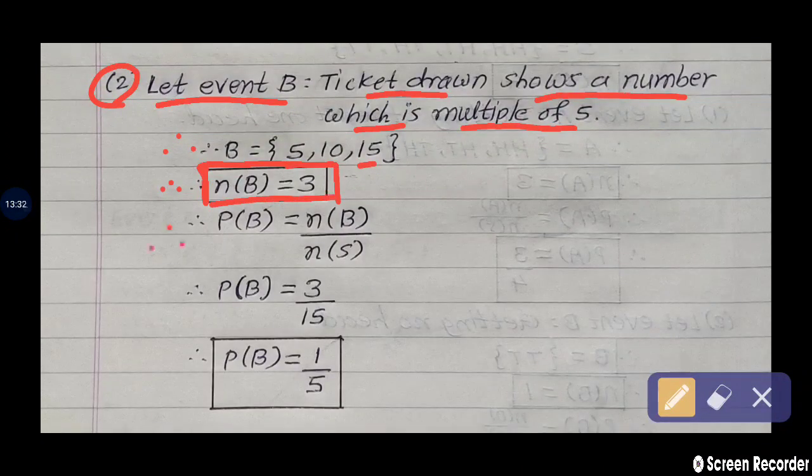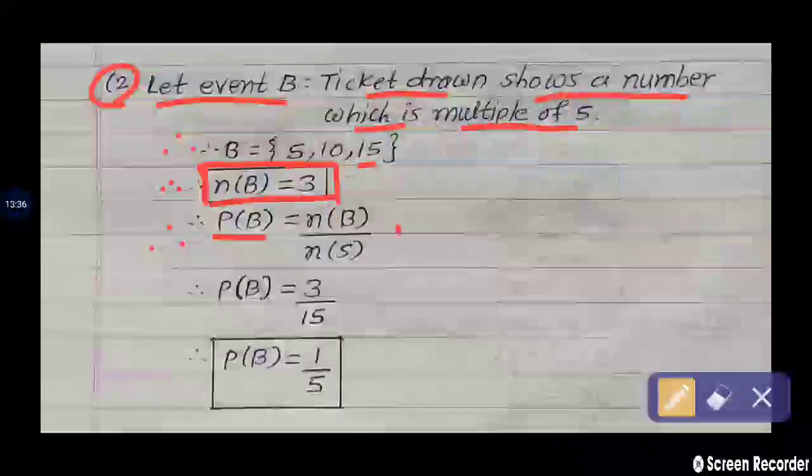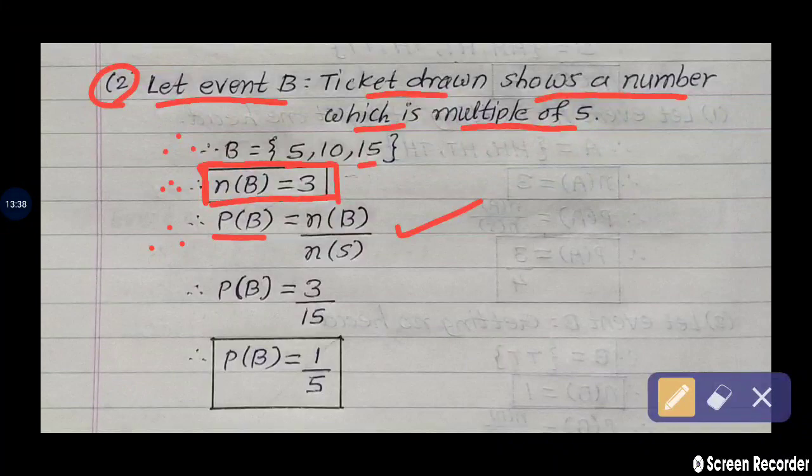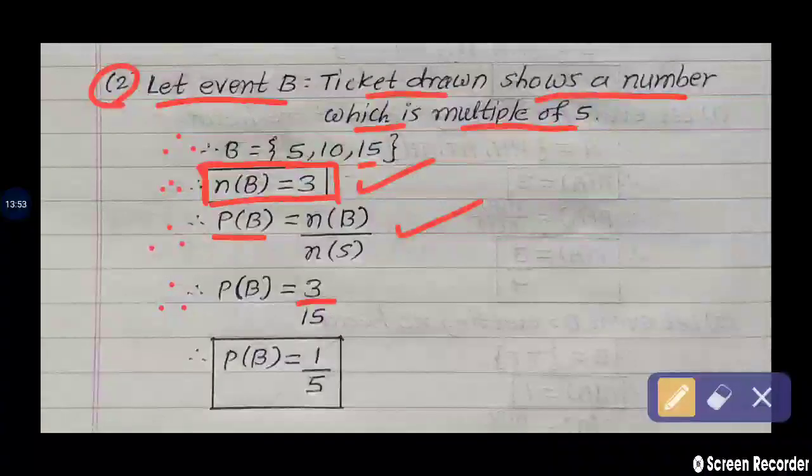Find the probability. P(B) is equal to n(B) divided by n(S). The number of sample points in event B is 3, and n(S), the number of sample points in the sample space, is 15.